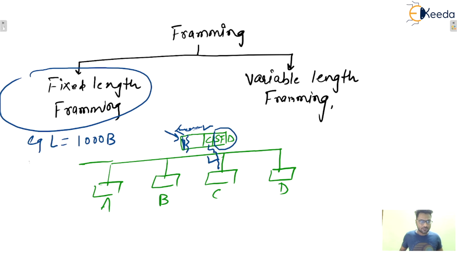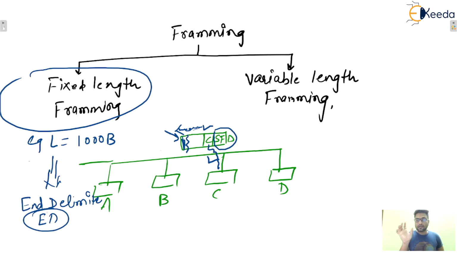So here in fixed length framing, the end delimiter, that is ED, is the flag used to indicate that the frame is going to end, but that is not required in case of fixed length framing, because the receiver knows that every frame is of 1000 bytes.